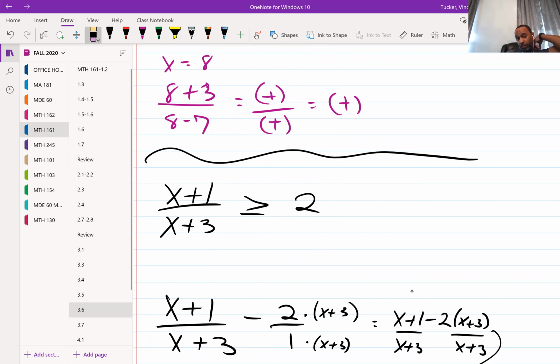The next one, (x plus 1) over (x plus 3) is greater than or equal to 2. The first thing we notice is that we have 2 on one side of our inequality, and we need 0. So we need to set one side equal to 0, and we'll do that by subtracting 2 from both sides so that they cancel out on the right.